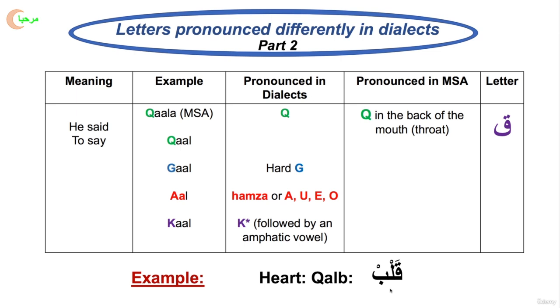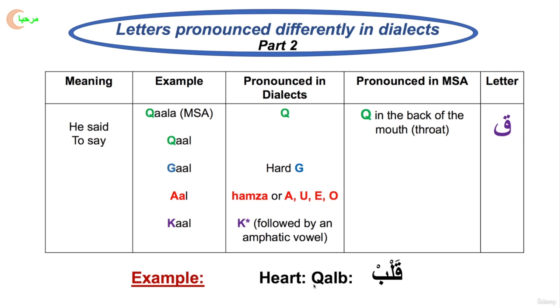So let's do it one more time. If it's a qaf, we keep it the same as in Modern Standard Arabic. It's qalb. And repeat after me, qalb. Right. If we are changing the qaf to a g sound, then it will be pronounced galb. Right. If we are pronouncing it as a vowel, then it will be pronounced alb.